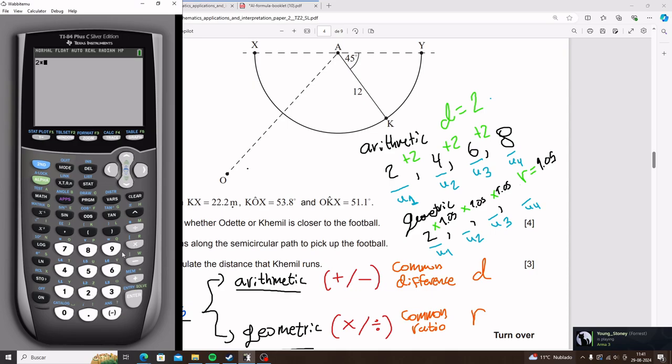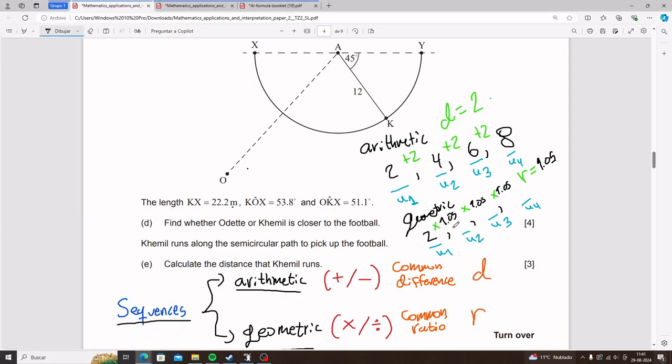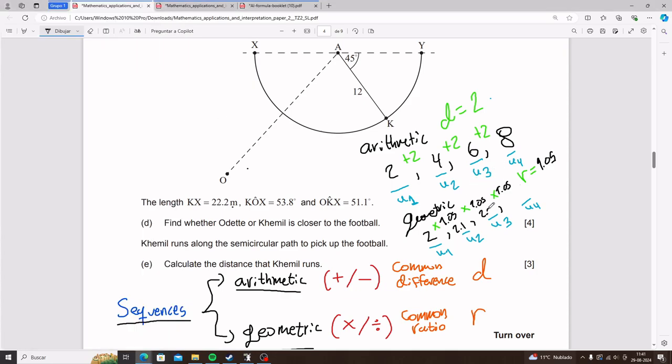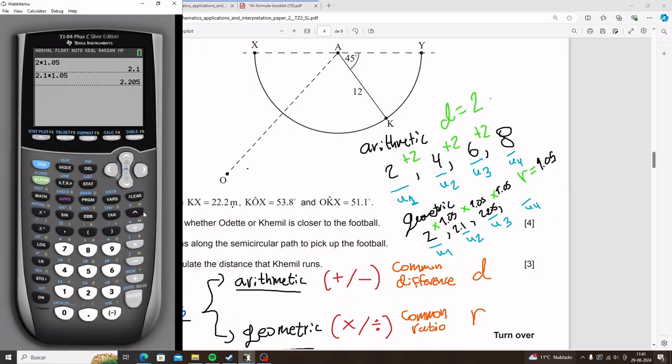So 2 times 1.05, the second term ends up as 2.1. And then the third term, again times 1.05, ends up as 2.205. And then if I multiply again by 1.05, you end up with 2.31.